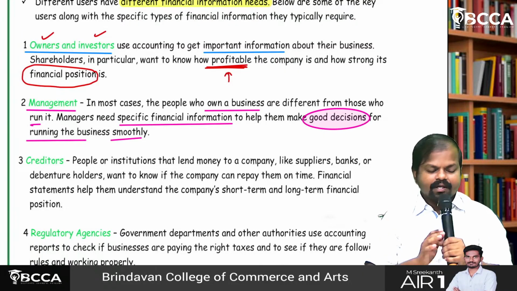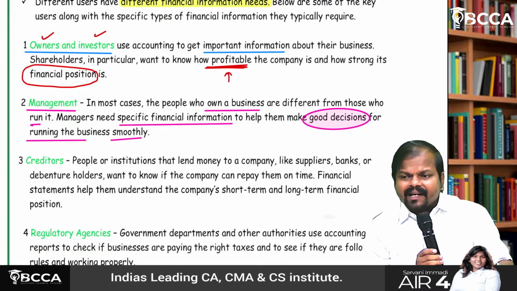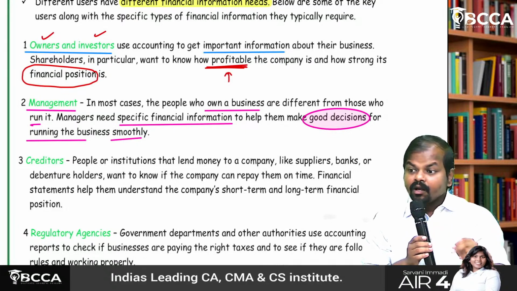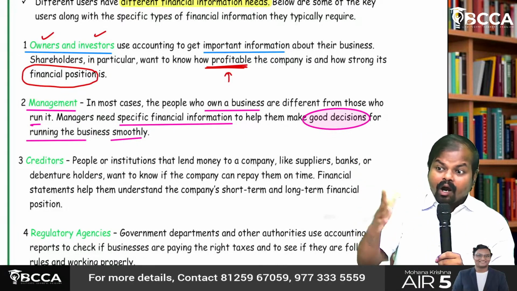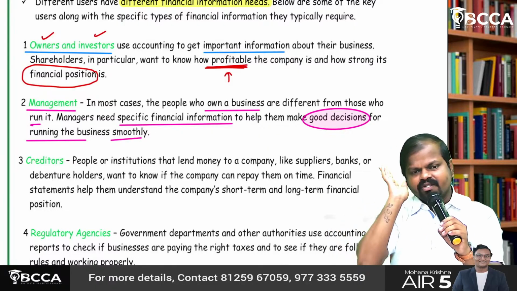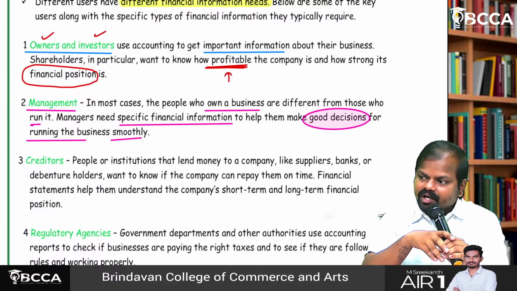Clear? Excellent. Listen, now tell me, owner or investor expectation we can know and illustrate, only two things. Management expectation we can't illustrate. Based on the situation, financial information is needed for replacement of machinery.